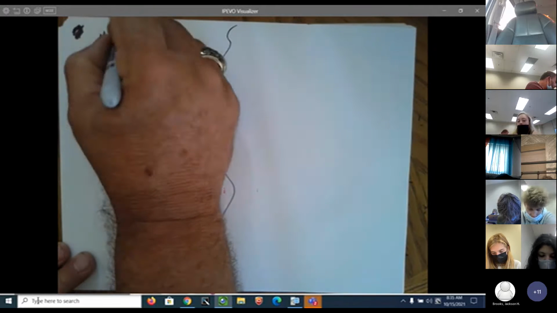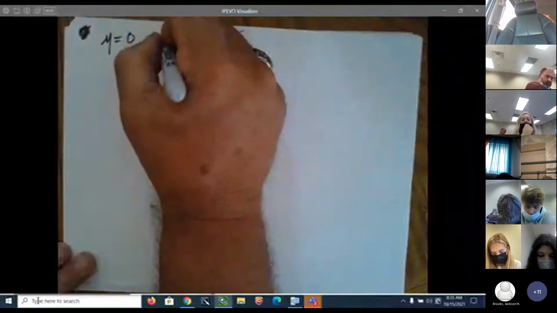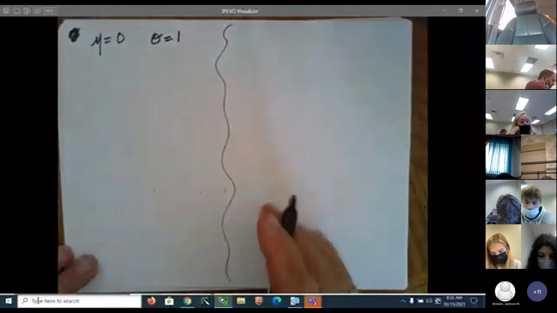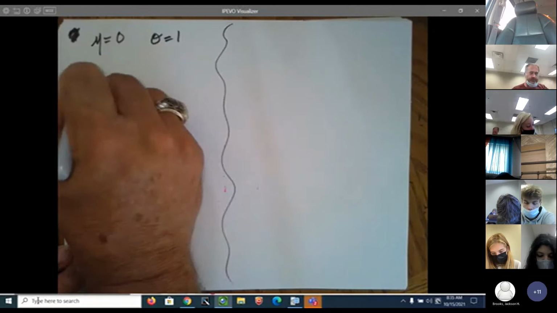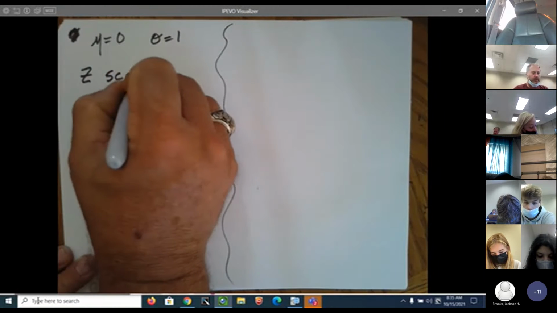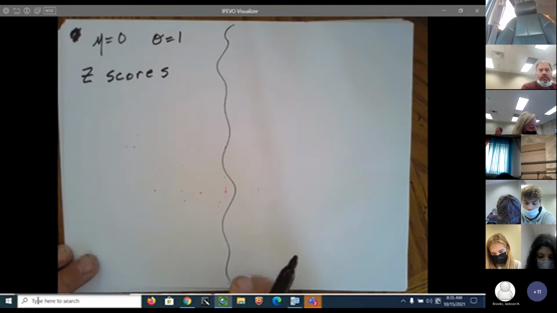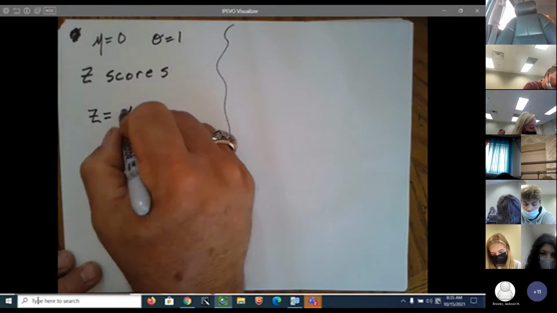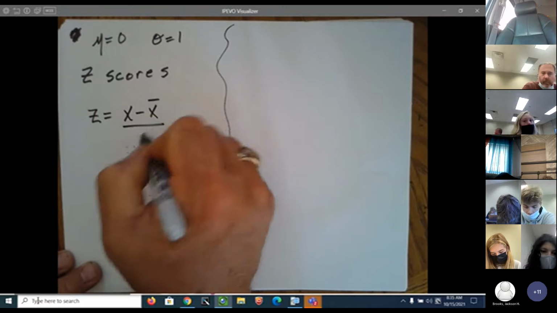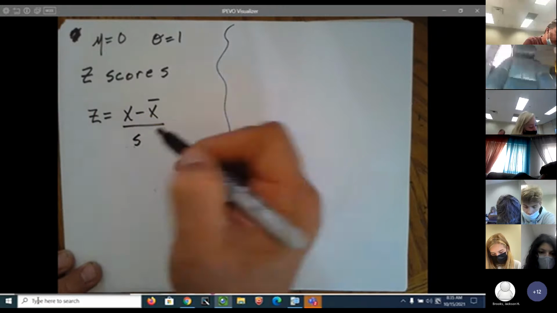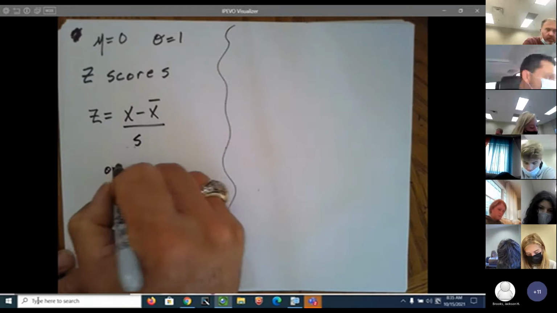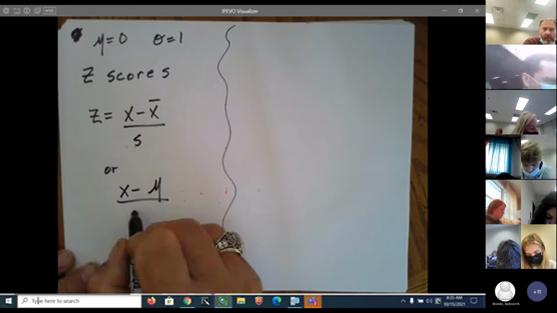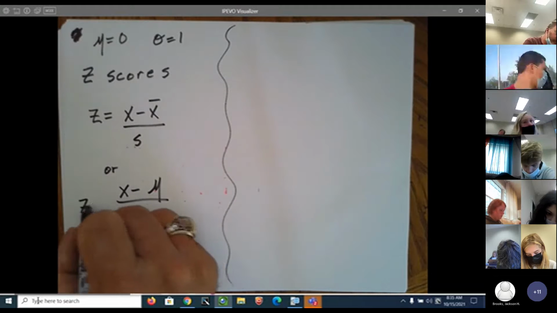Mean is equal to 0, and the standard deviation is equal to 1. So one type of problem is basically based on z-scores. Z is equal to x minus x bar over standard deviation, or if you like the population, x minus mu over sigma, whichever one you want to use.